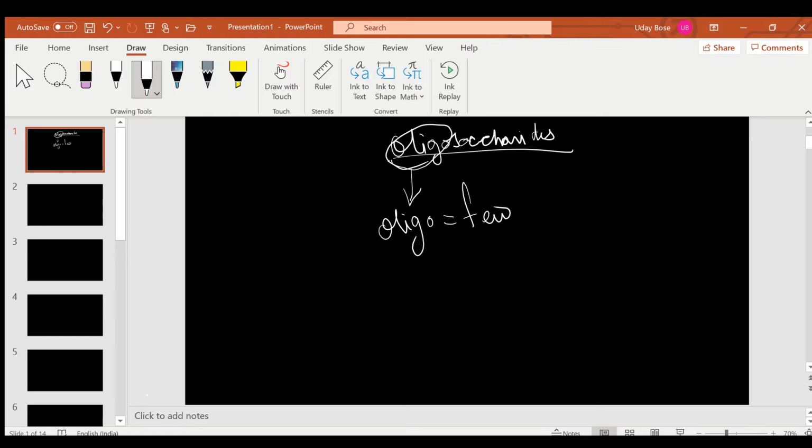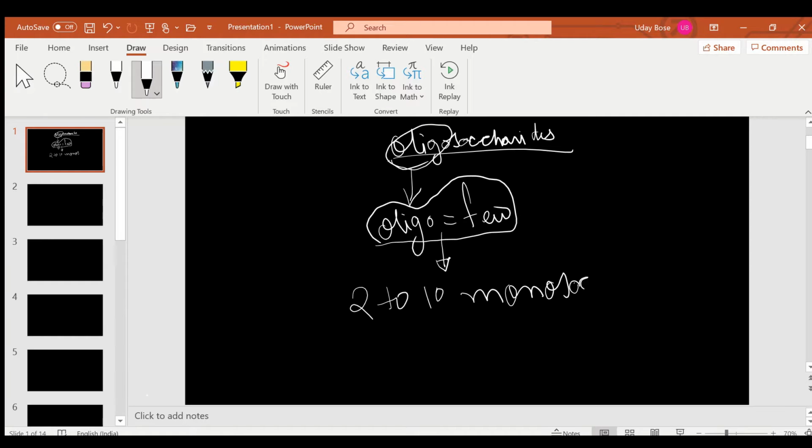By keeping this word as my base, I will define the actual meaning of oligosaccharide, which is that an oligosaccharide has 2 to 10 monosaccharide molecules which are liberated on hydrolysis.